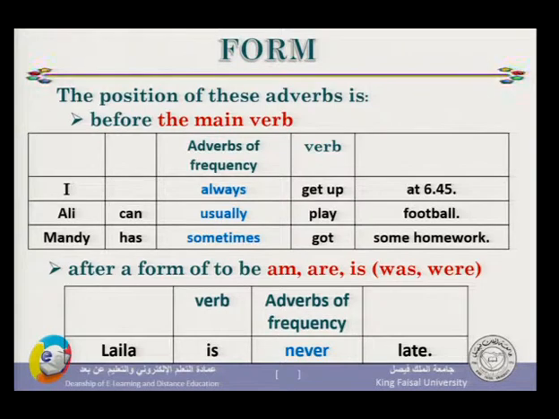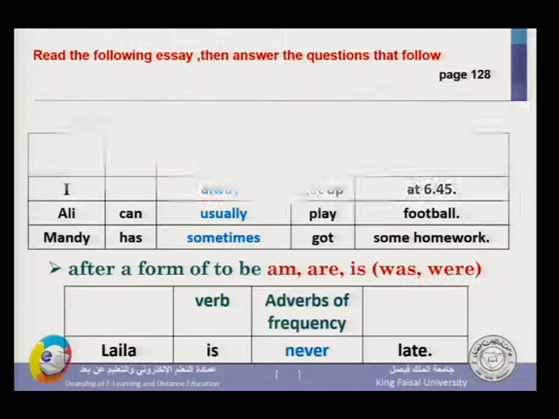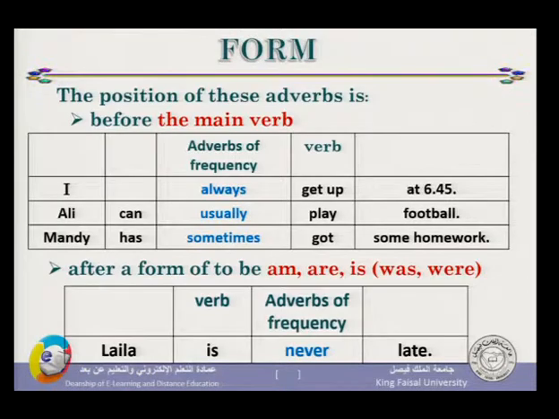We have the verbs get up, play, and got. The adverbs always, usually, sometimes all come before the verbs, something I explained last time. But if we use an auxiliary, like is, the adverb comes after it. So I say Layla is never late. Never, the adverb, comes after the auxiliary is.